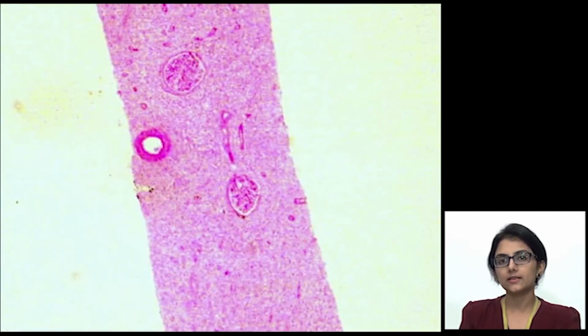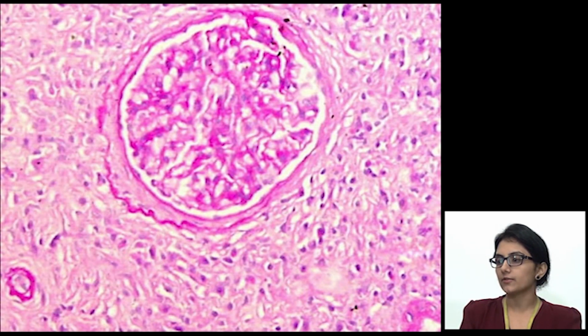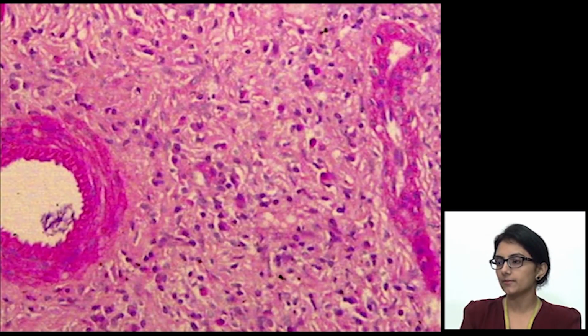And a more recently described immunological condition which affects the kidney is the IgG4 related tubulointerstitial nephritis. And this has very classical biopsy findings. As you can see in this slide, the glomeruli are completely uninvolved, whereas the tubulointerstitium shows extensive fibrosis, which is characterized as storiform, and it shows an infiltrate which is rich in plasma cells as well as a few eosinophils.